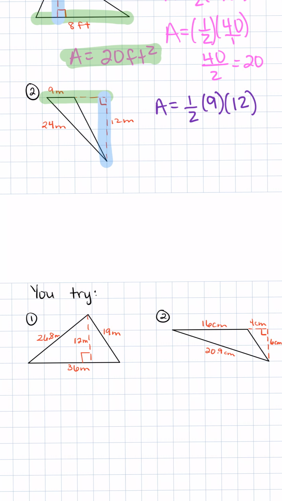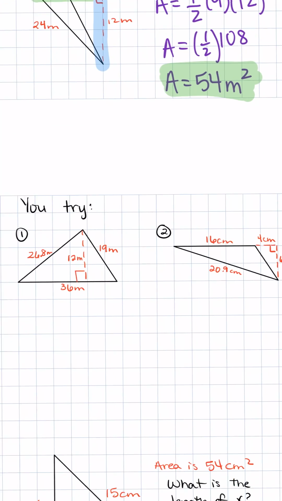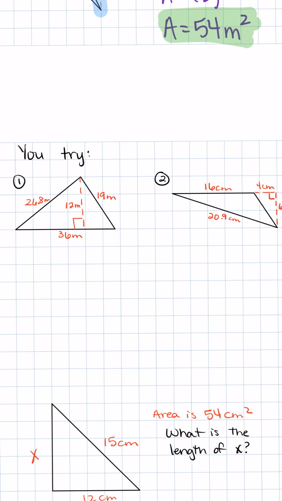Okay, so 9 times 12 is going to equal 108 times 1/2. Anytime you multiply by 1/2, it's like dividing by 2. So the area equals 54, and then you look to what the measurement is, meters squared. Area always has the meters squared, or the square, after the measurement. Try these next two on your own.